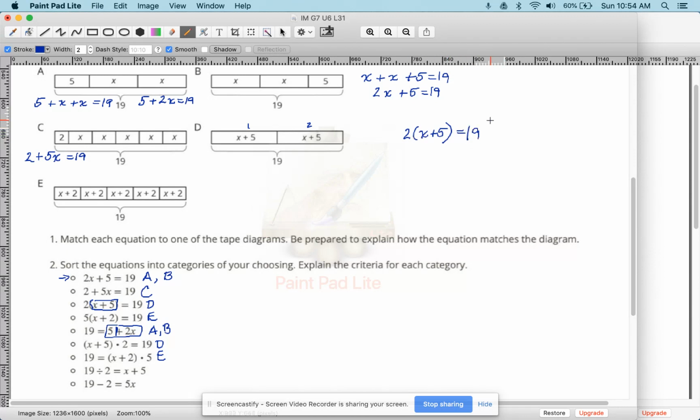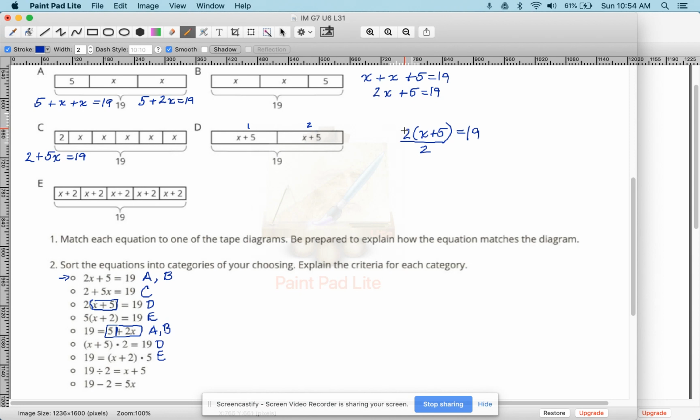So in an earlier lesson, I showed you how you can distribute the 2 to both entities in the parentheses. And another way of solving this is you basically have 2 different numbers here. You have a 2 and you have an x plus 5. So before you distribute, you can't do it after you distribute, but before you distribute that 2 to everything in here, you could divide by 2.